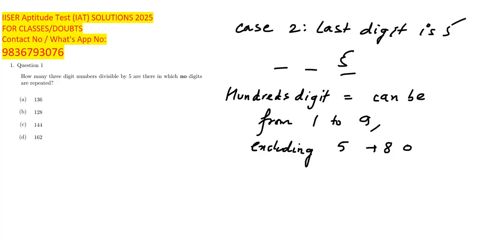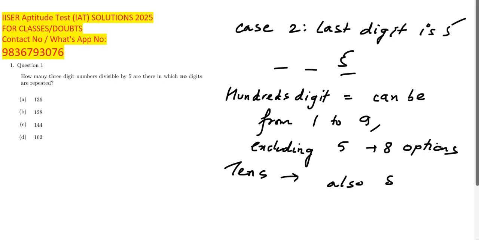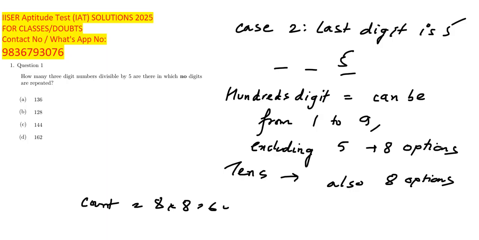So how many options? Again 8 options. And the tens digit can be any digit except the hundreds digit and the 5, also 8 options. So if I count, the count will be 8 multiplied by 8, which is 64.